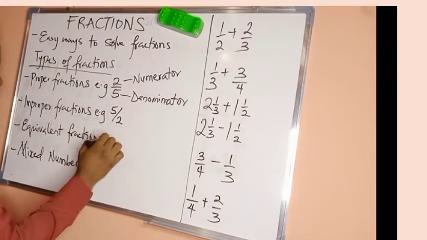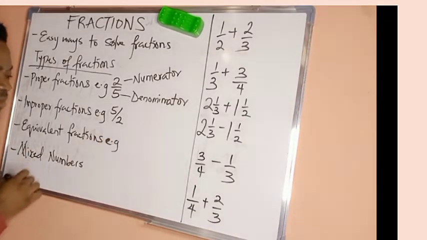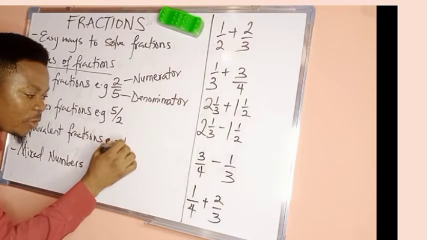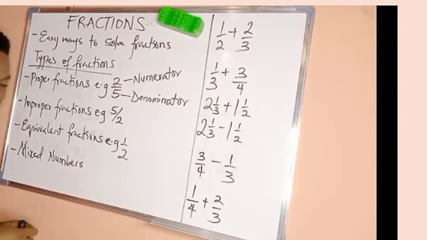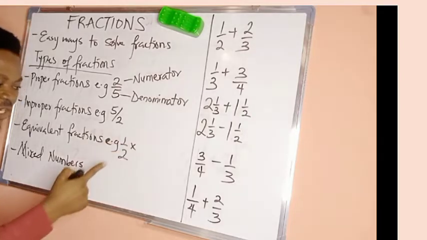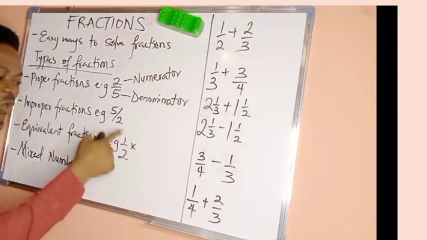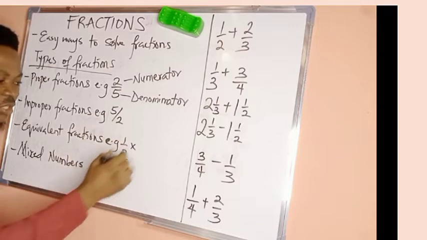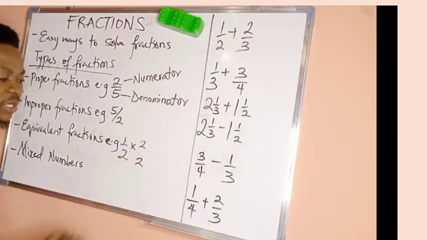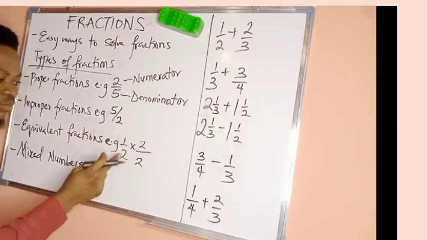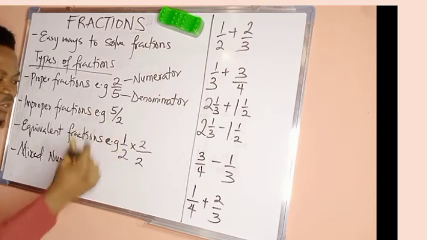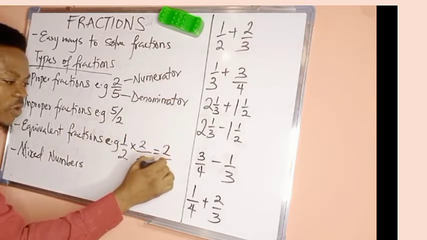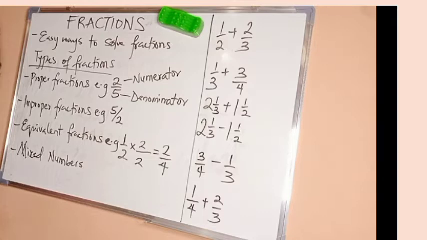Let's work with a very simple example, 1 over 2, or 1 half. If you want to get the equivalent fraction for this, just multiply the numerator and denominator by 2. Multiply the numerator by 2, multiply the denominator by 2, you get 2 over 4.